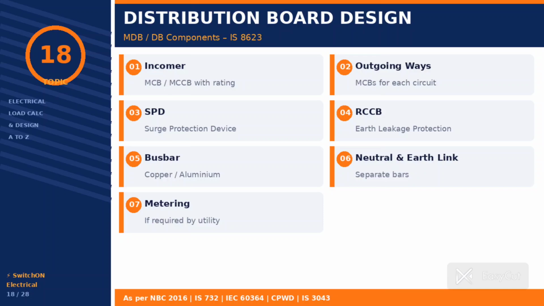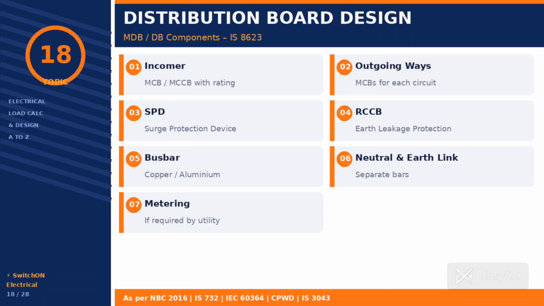It totally depends on the size of an incomer, the outgoings, how many outgoings are there, then SPD, then you have to provide RCCB also for earth leakage protection, then it includes busbar, neutral and earth link, metering. See, the dB size mainly depends on the outgoings and incomer size.